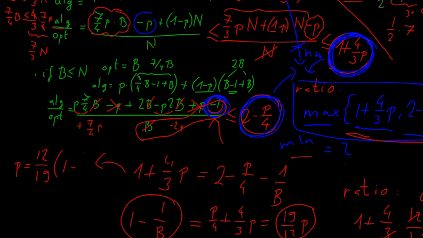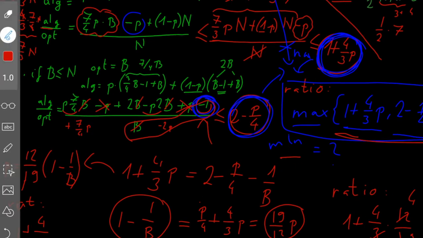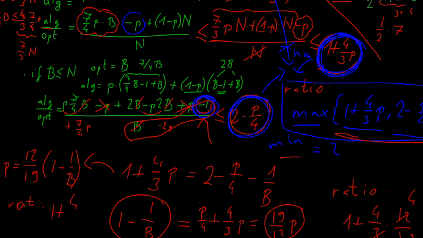times 1 minus 1 over b. And for this case, we are able to compute the maximum, so the algorithm's competitive ratio is again 1 plus 4 over 3 times this P here.